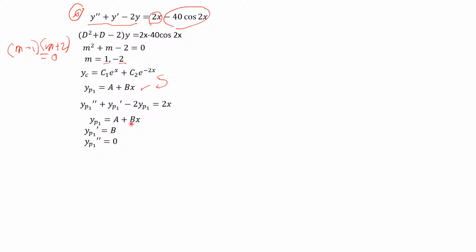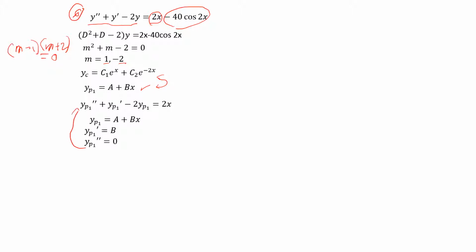This is your yp1, a plus bx. The derivative of a plus bx is b, and the second derivative is 0. The next step is, of course, to plug it in.